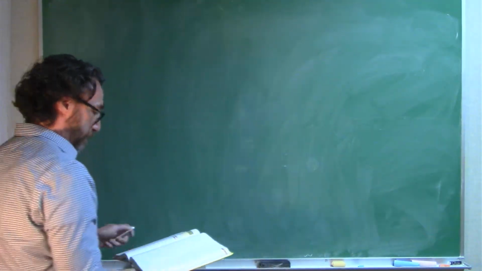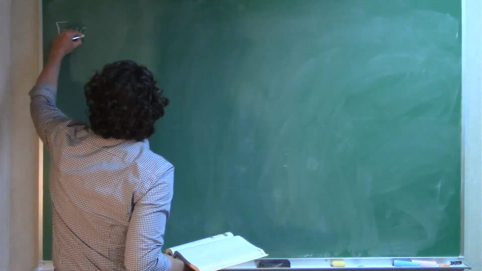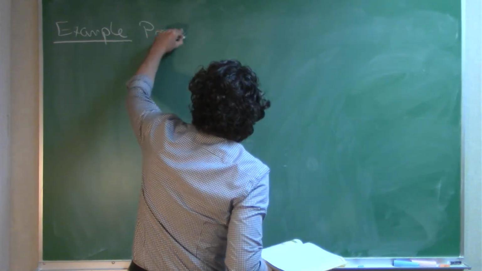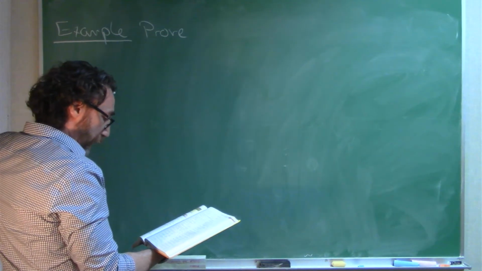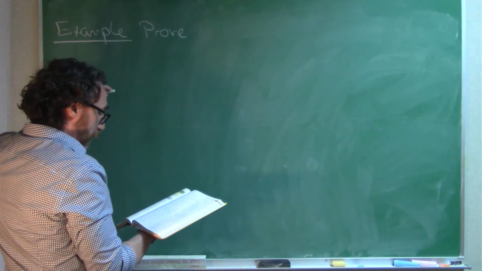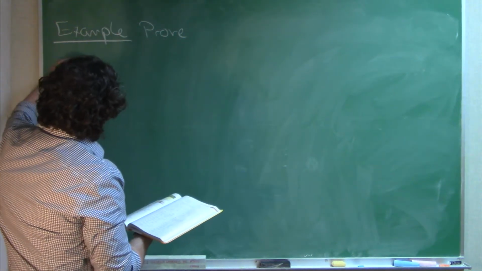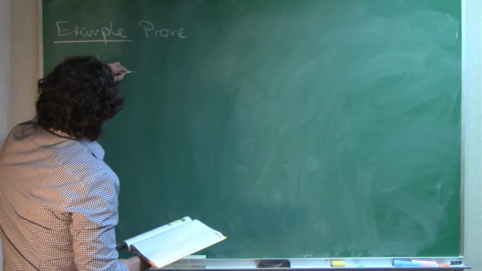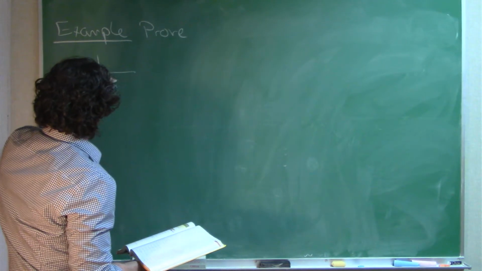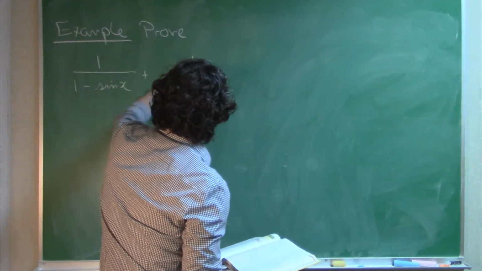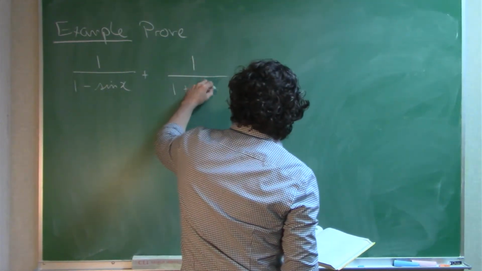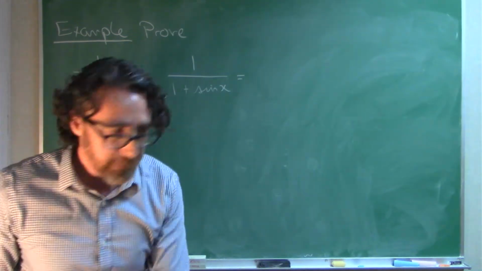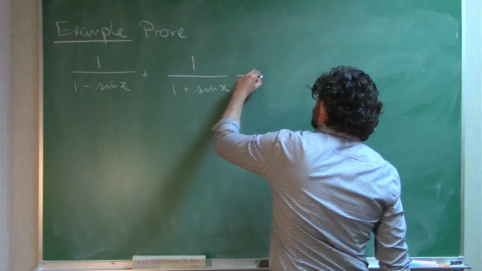How about this one? We are supposed to prove that 1 over 1 minus sine x plus 1 over 1 plus sine x is equal to 2 secant squared x.